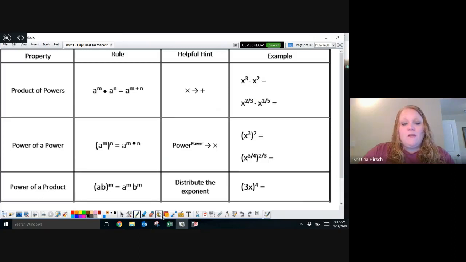One thing you need to notice is that here you have a to the m power times a to the n power. Notice that the a's are the same. That could be a variable or it could be a number, all right? But the key is that the base should be the same. It has to be the same in order to use these properties.